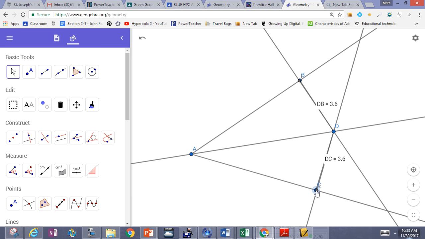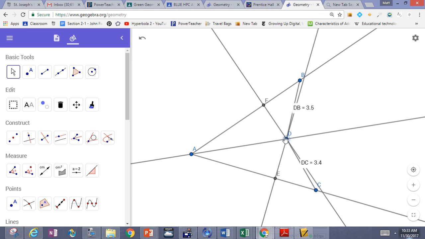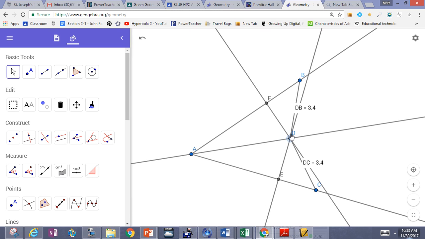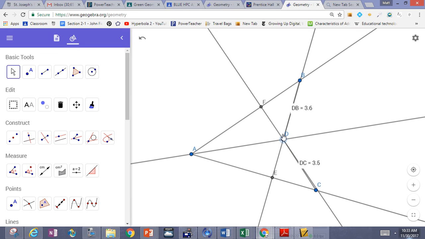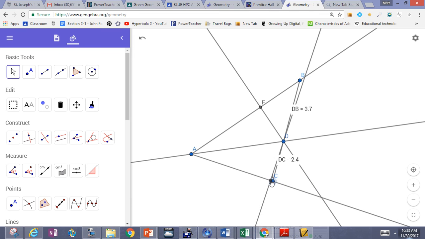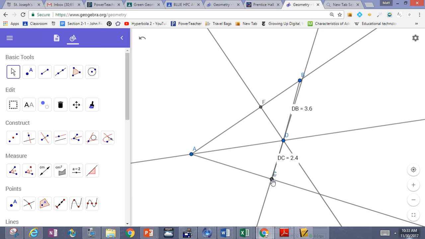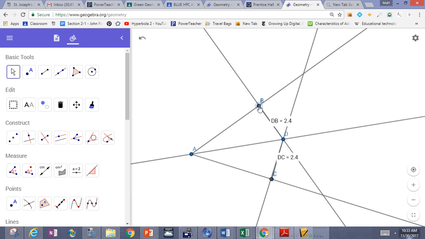So the point D on the angle bisector is equidistant from the sides of the angle only when we measure that distance along the perpendicular. Only when they align themselves and form a right angle is that going to be the case. Only at that point are those lengths going to be equal.